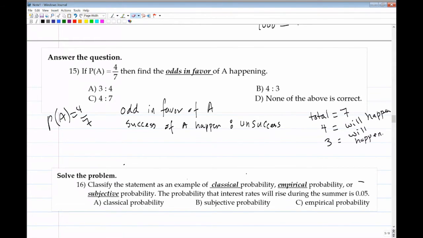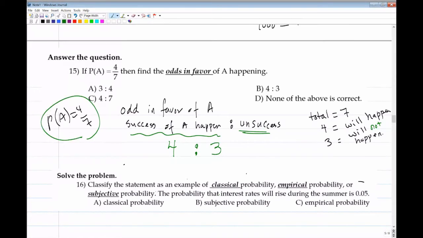Maybe we should put it in color, not happen. So when they ask odds in favor of A, success of A, how many are there? There are 4 will happen. Therefore, over here, unsuccess will be how many? There'll be 3. So be careful. This is what it means for the probability 4 to 7, or actually the odds in favor of A, 4 to 3. The total number right here will equal the total number in the denominator, which is 7. 4 plus 3, which is 7.